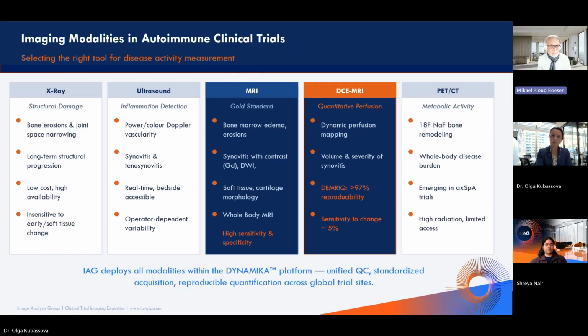And then, depending on what you want to know, here's an overview. The plain X-ray is the backbone of all the musculoskeletal imaging, except for the myositis and the polymyalgia part.